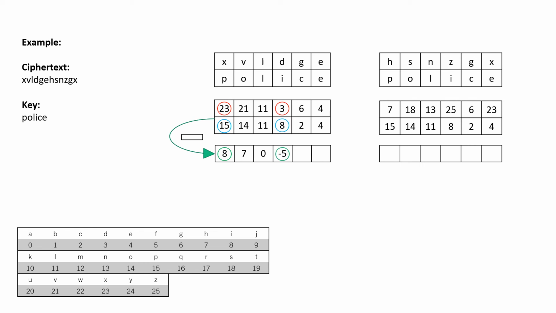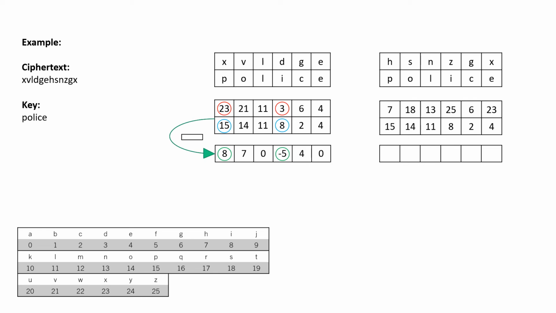We actually don't put plus 5, we record negative 5 and write it down in the table, and that's totally fine because we are interested in those values in mod 26, which is going to be our next step.